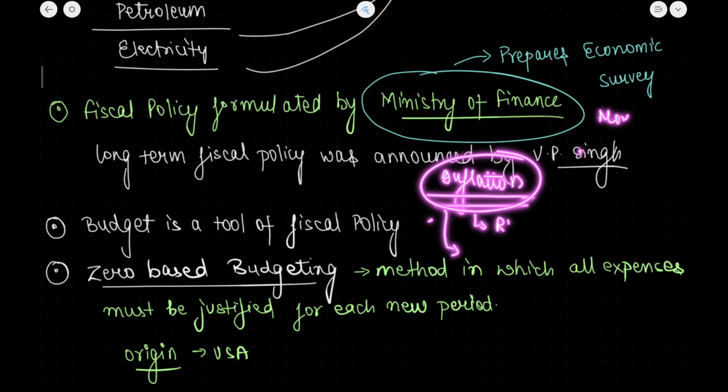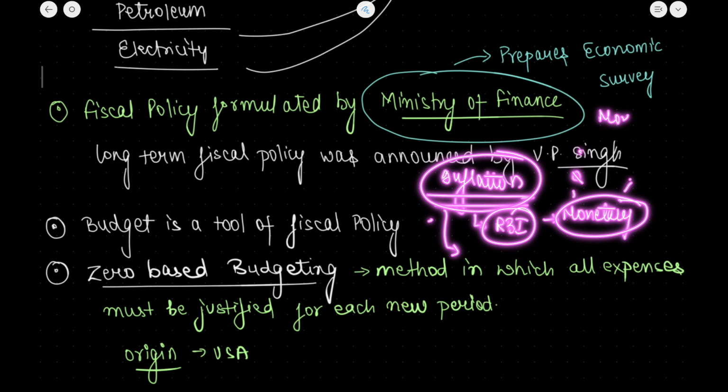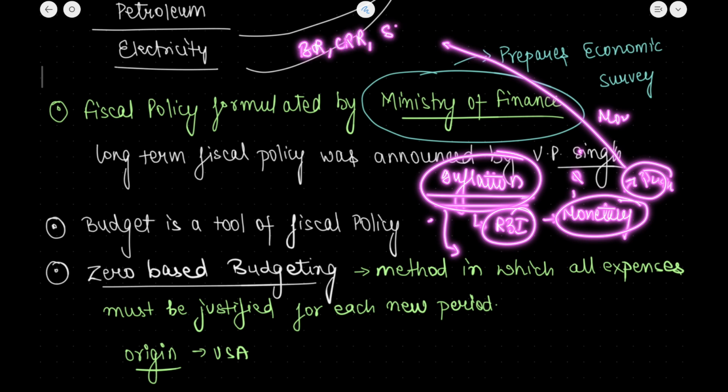The first one is made by the RBI. RBI controls the monetary policy. In monetary policy, as I have already told you, there are qualitative and quantitative elements. The quantitative elements include the bank rate, the cash reserve ratio, the statutory liquidity ratio, the reverse repo rate, and the repo rate.